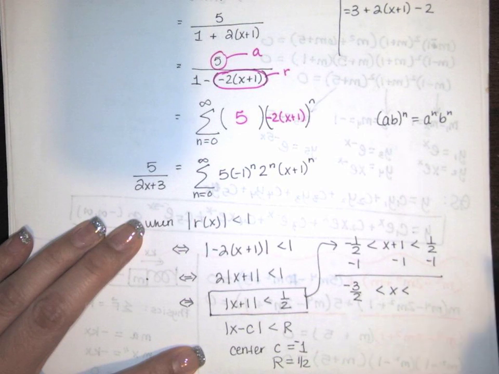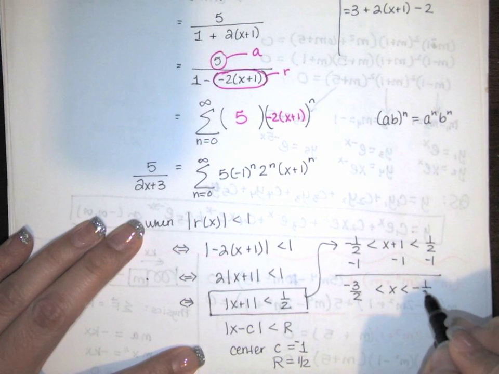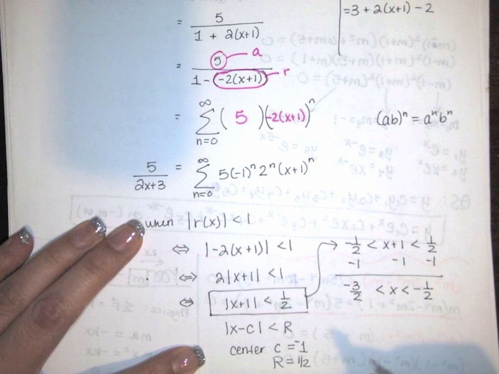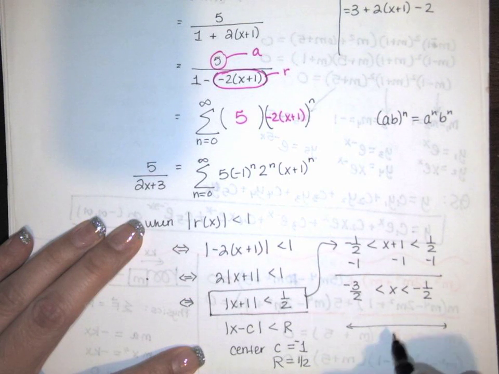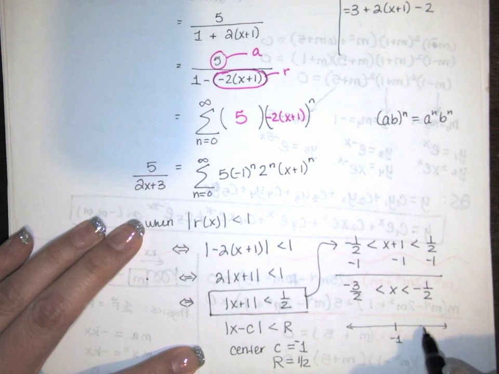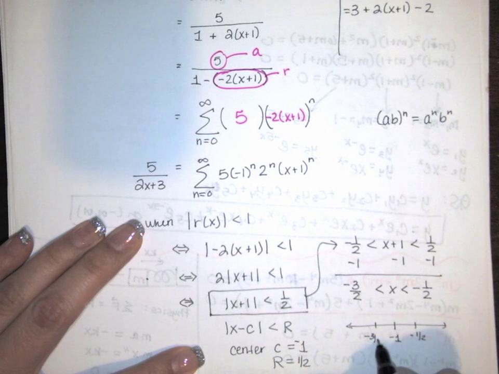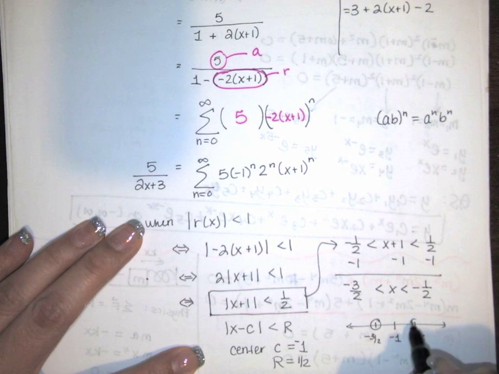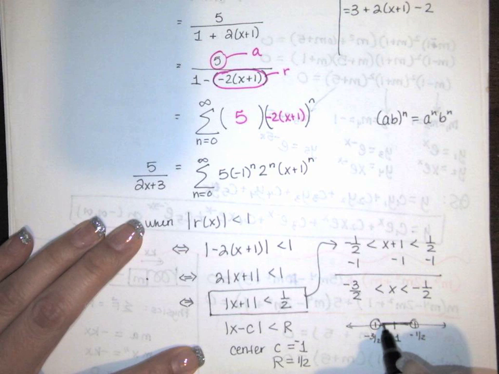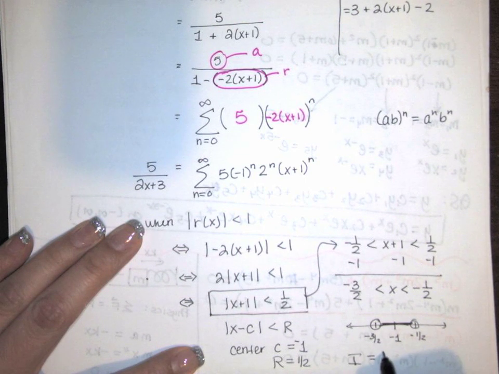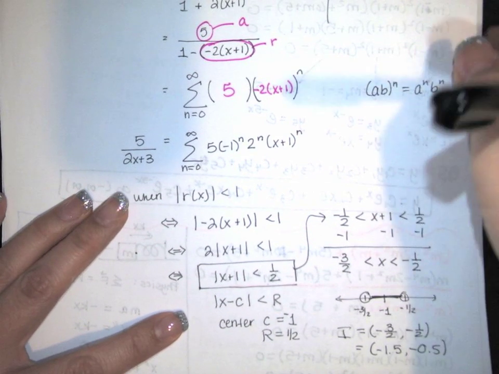And then we've got 1/2 minus 1, which is negative 1/2. So our interval is centered at negative 1. We add 1/2 and we subtract 1/2. And that's our interval of convergence. So you can use fractions, or if you prefer, you can use decimals. And it's the same thing.